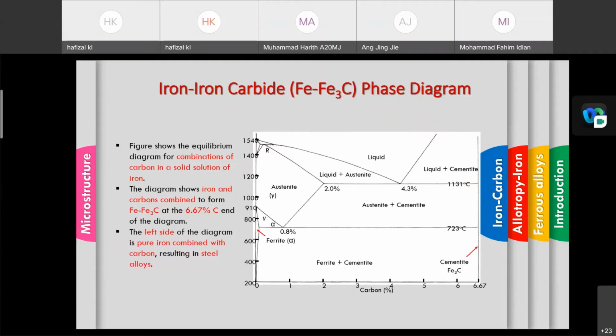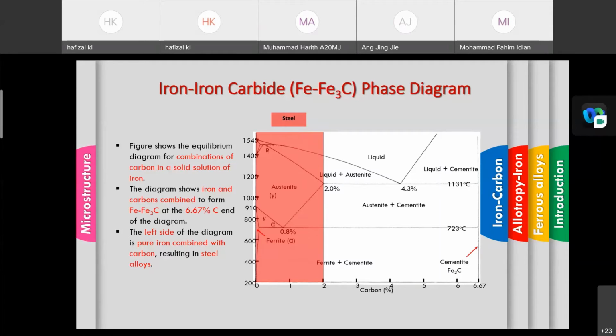So the main region up to 2.0 percent of carbon, we call this region the region of steel. So the region of steel is mainly from 0 to 2.0%. Some textbooks say up to 2.14 percent, something like that.